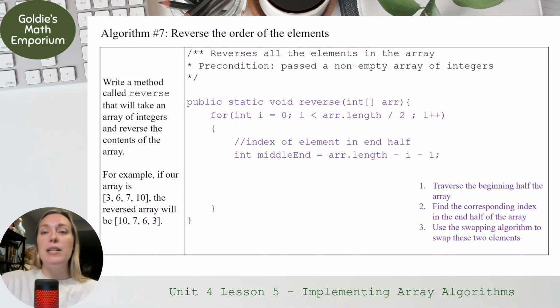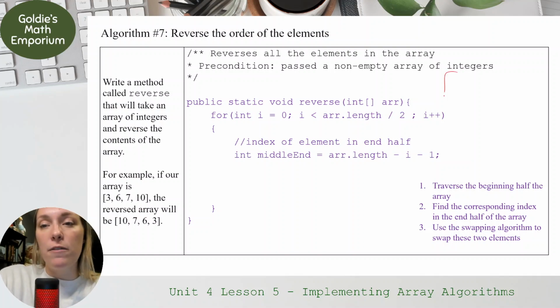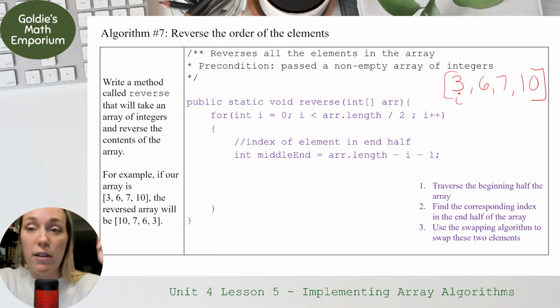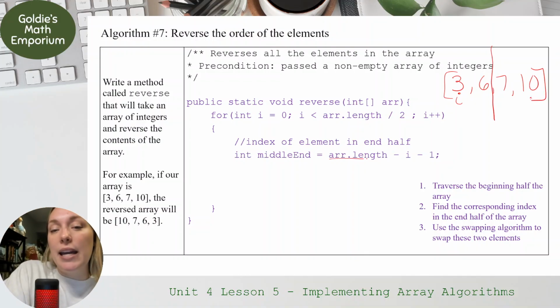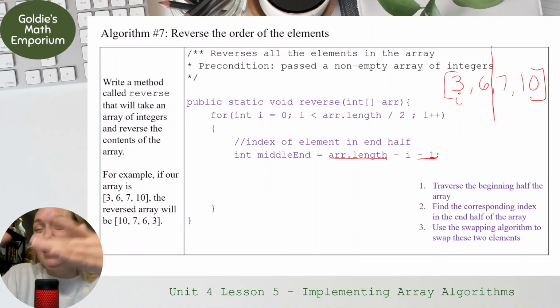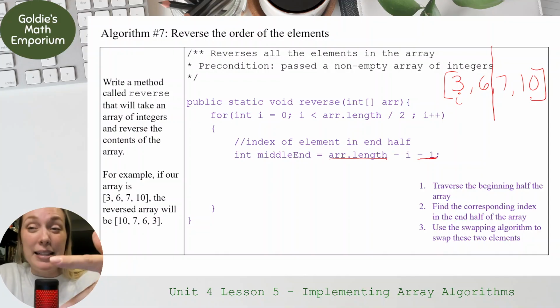So it says find the index of the element in the end half. i represents the element in the first half. If I have 3, 6, 7, 10, i represents the index that I'm currently at, which starts off as 0, in half of my array. I need to find this corresponding element. How can I do that? Well, I'm going to take the length, and then minus 1, because that gives me the very last index.